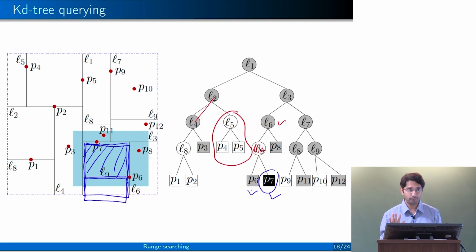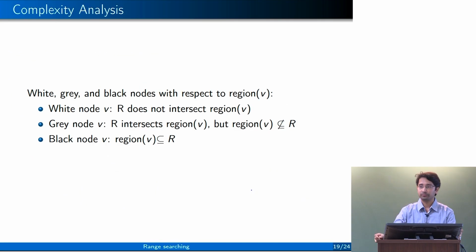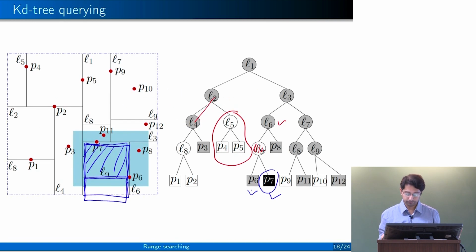Are you with me till now? Very nice. This is the gist of the query that we are doing. P3 is this node. Does the query rectangle contain this node?